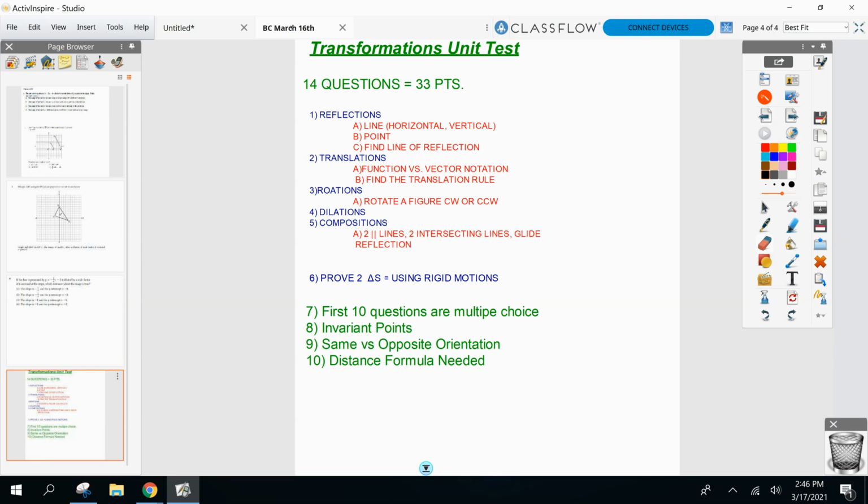Thought you guys were going to be peppering me with questions. I'll have to wait to the next unit for that one. Oh, baby. Enjoy this transformation unit. Nothing else, guys?